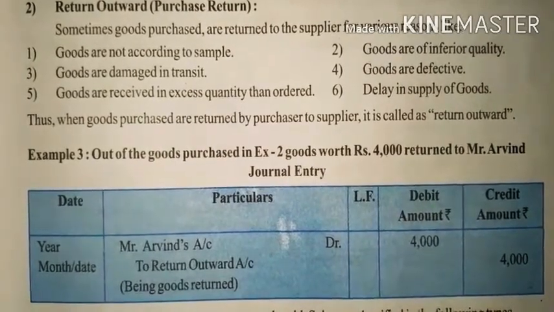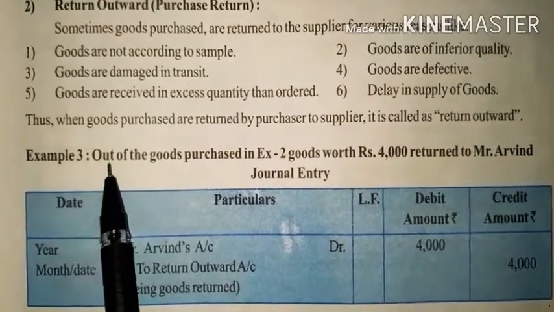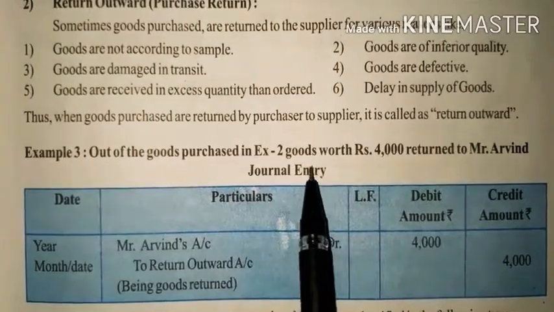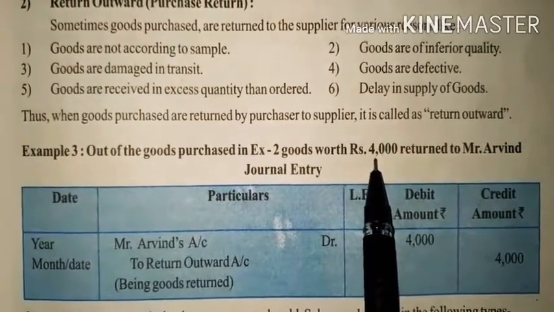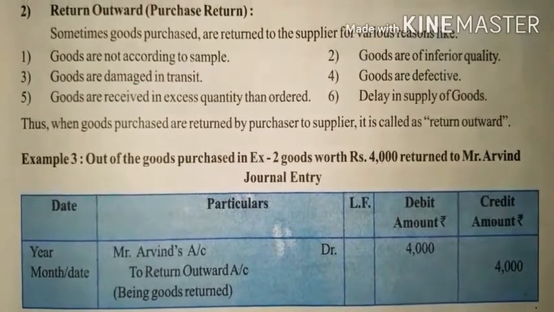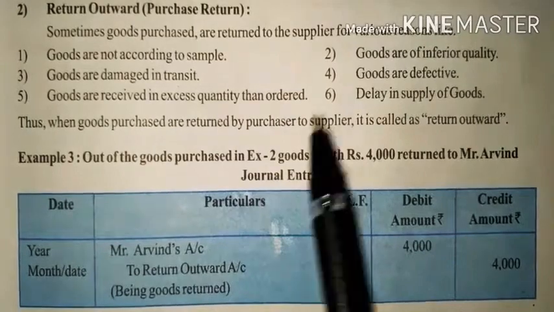So let's see one example on this. Sample example: out of the goods purchased in example 2, goods worth rupees 4,000 were returned to Mr. Arvind. Now they have given the reference of example 2, that is 10,000.